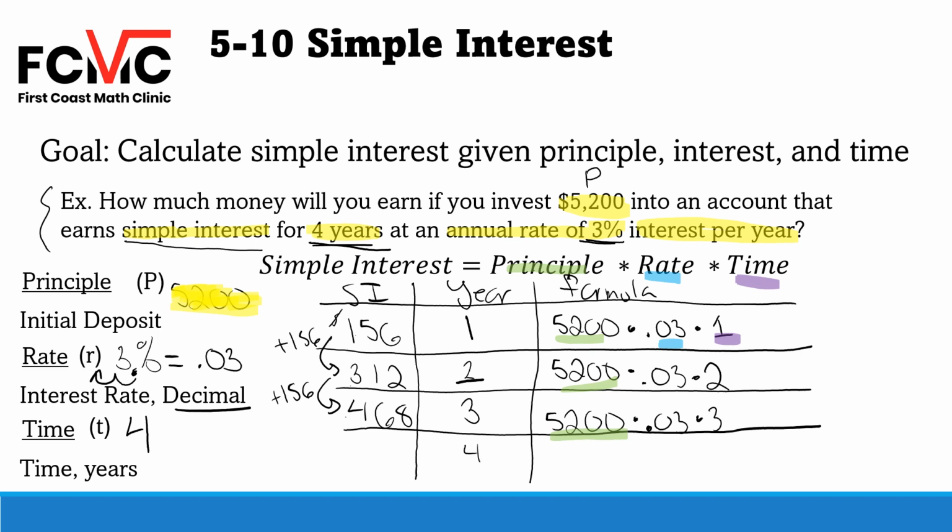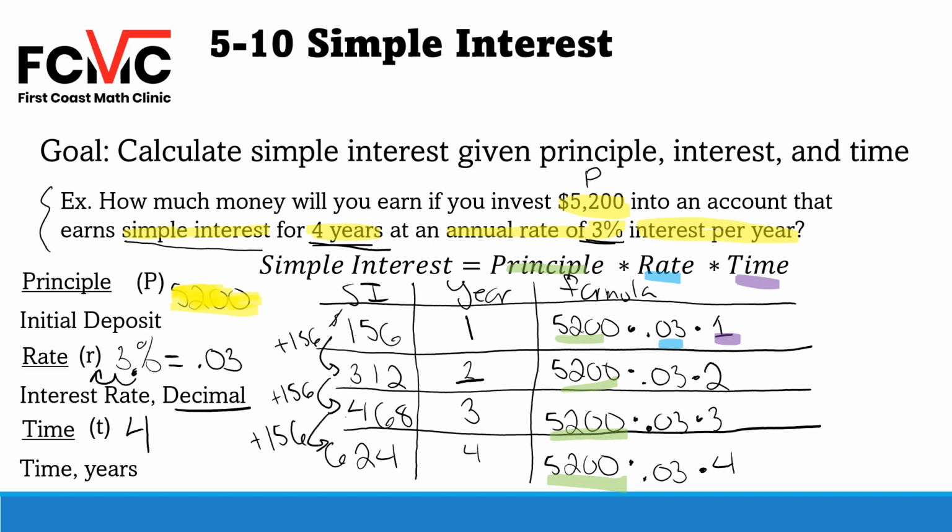And then year 4, what we're looking for: 5,200 times 0.03 times 4, because now we're at year 4. Again, our principal is the same. For year 4, we should have $624, which is another plus 156.